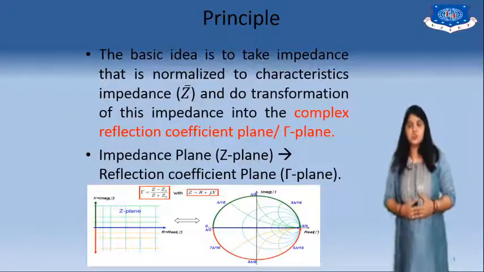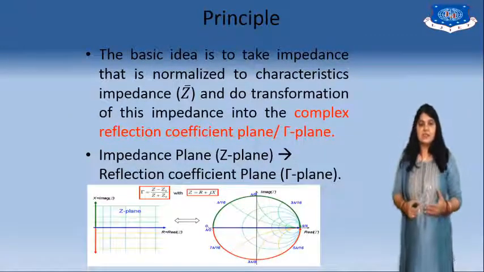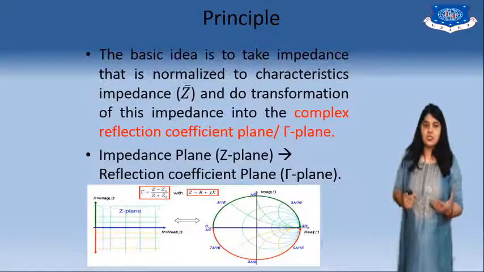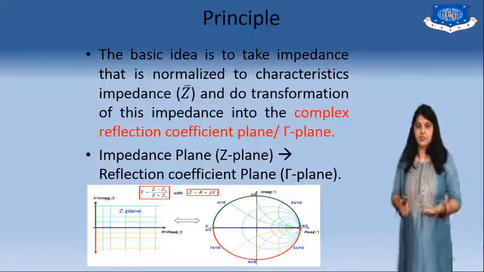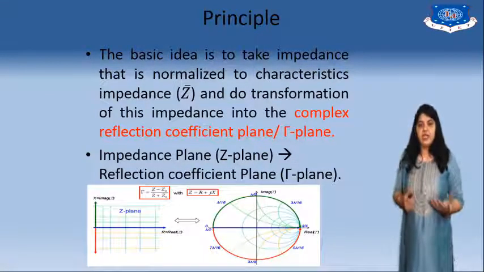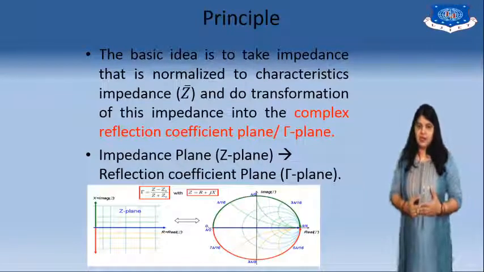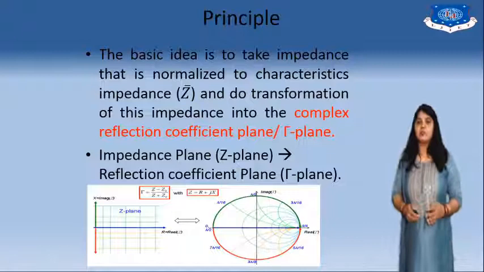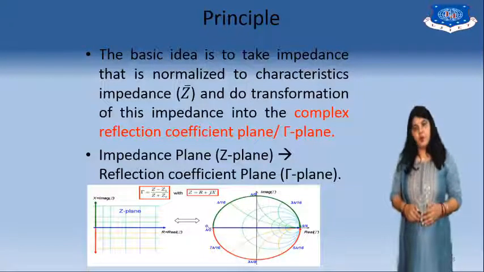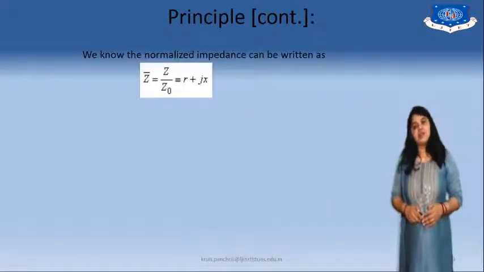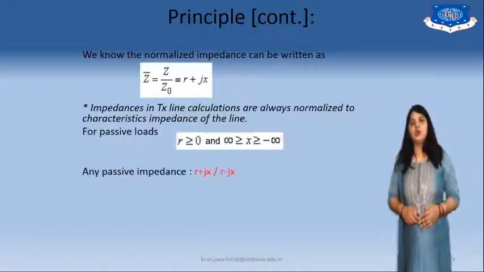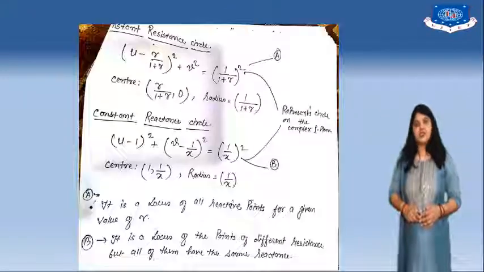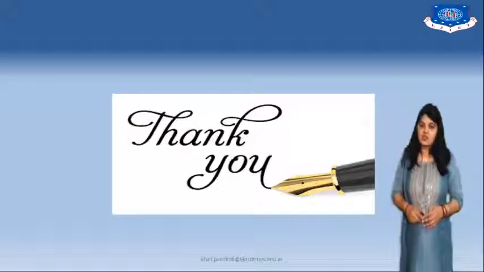We can use the equation for the reflection coefficient, and we can take the value of the impedance. This way you can have an idea about the Smith chart for plotting various values. So this is about the Smith chart.